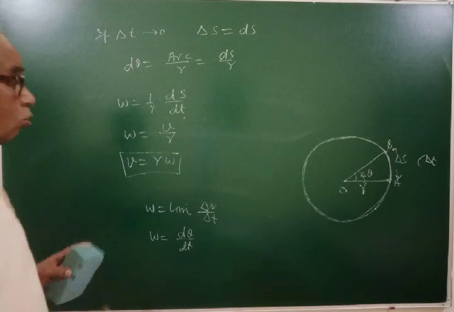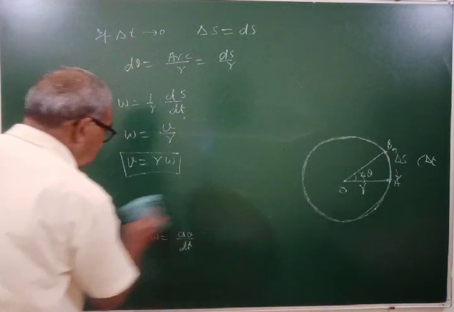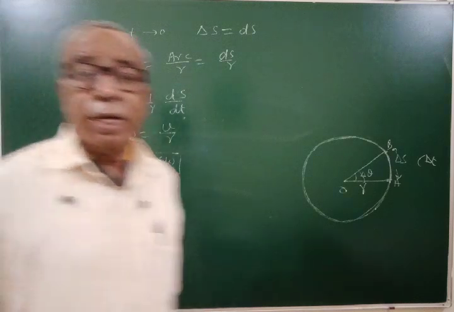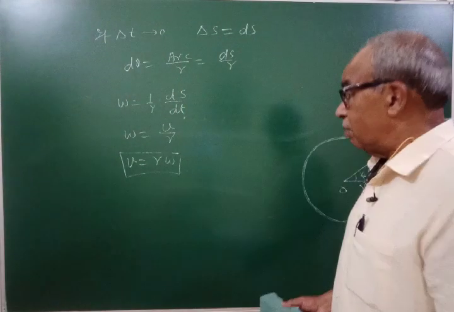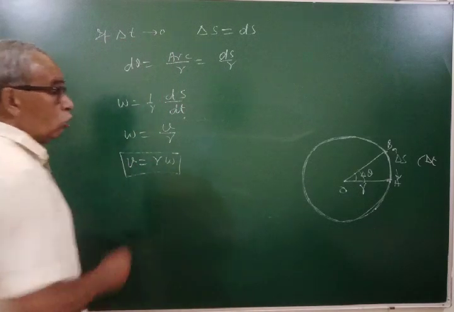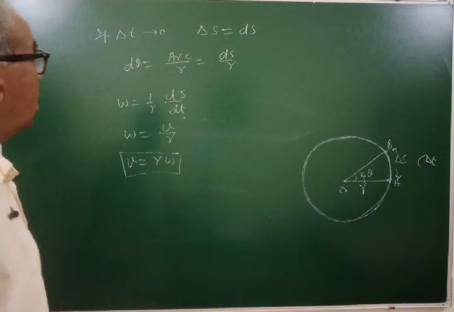The magnitude of linear velocity will be equal to the product of radius and angular velocity at that time. Here this v is the magnitude of instantaneous velocity.